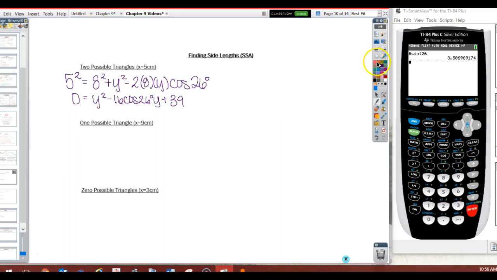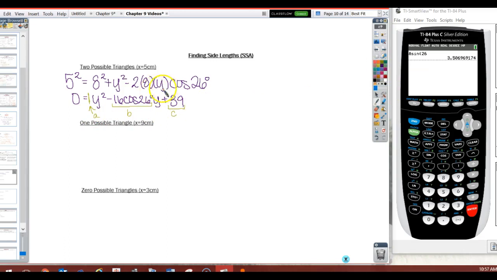And so treating this like a quadratic, we're actually going to see that this is a, which is 1, this negative 16 cosine of 26 is b, and then this 39 right here is our c term. So we're going to use the quadratic formula by plugging in a, b, and c.